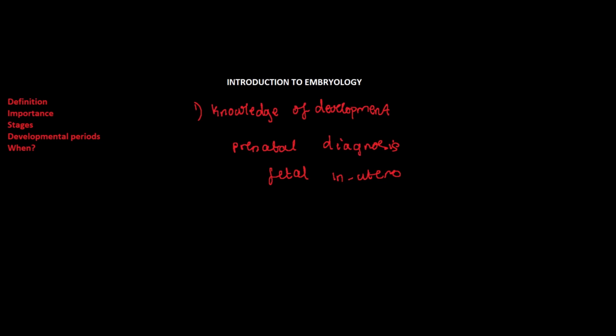So when a congenital anomaly is diagnosed, a congenital anomaly is a fancy word for a birth defect, the surgery is performed before the baby is born, and these things are able to be done because of the knowledge of embryology.